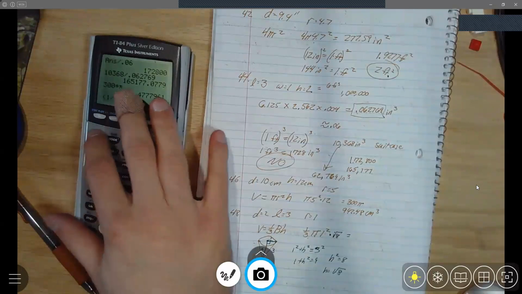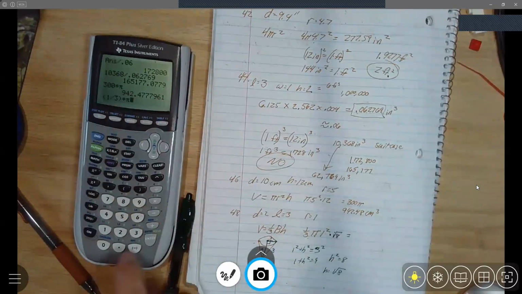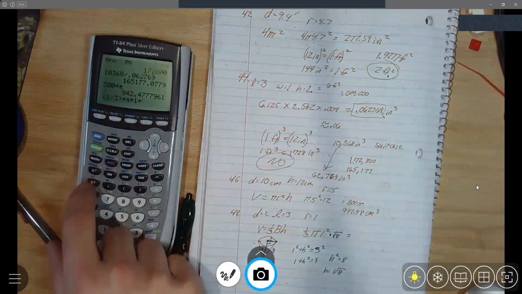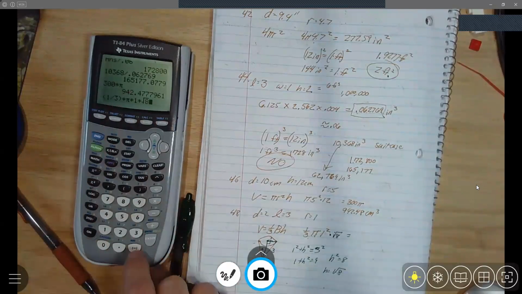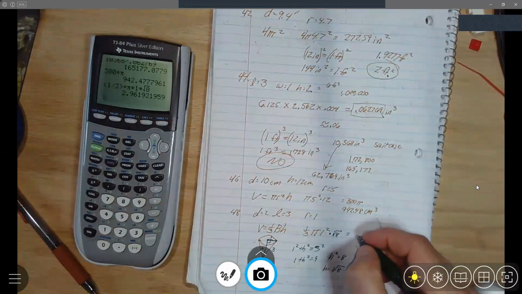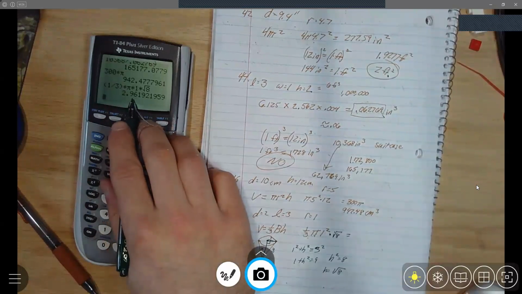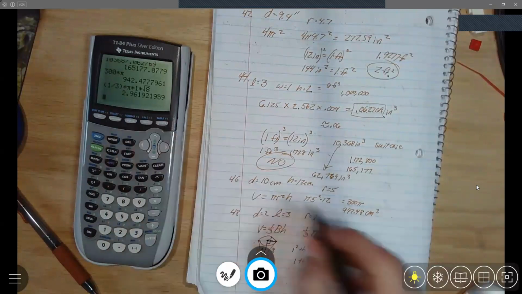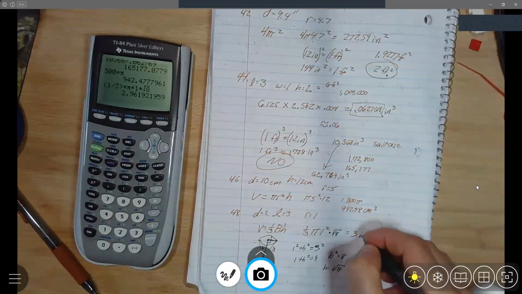Times pi times 1 times, it's important you put times 1, otherwise you're going to get it wrong. Not really, but you know what I'm saying. So we get 2.96. You got to round it to the nearest tenth of a cubic inch. That 6 rounds that 9 up to 0 in this case. So we're bumping up to 3 cubic inches.